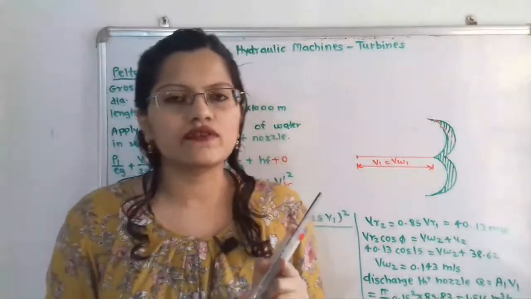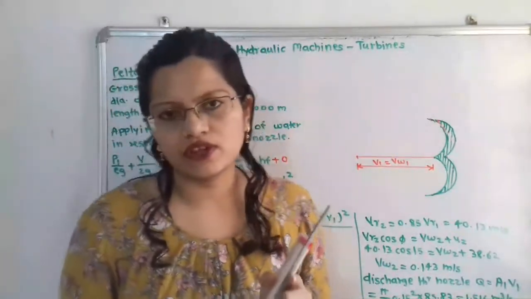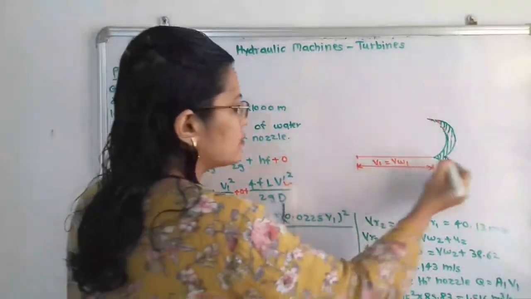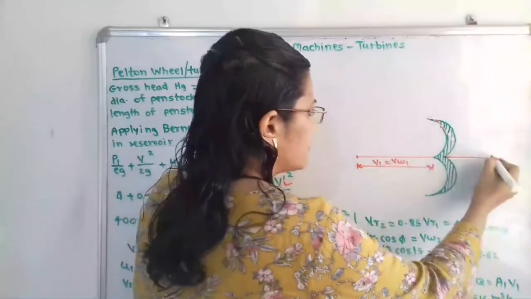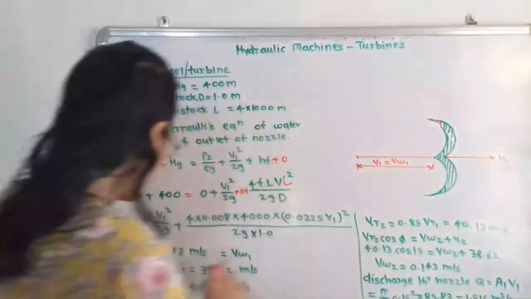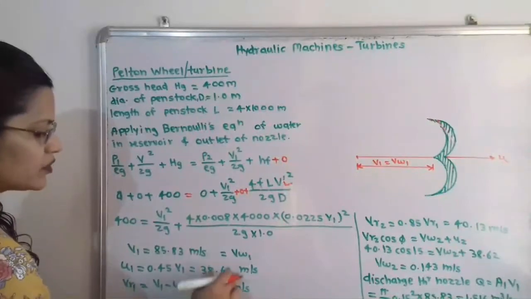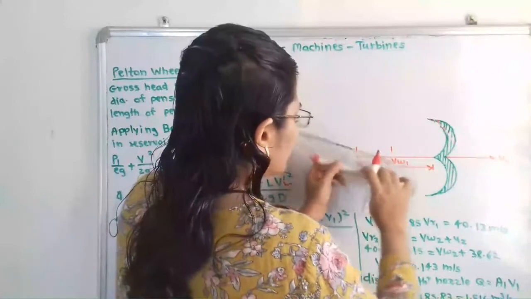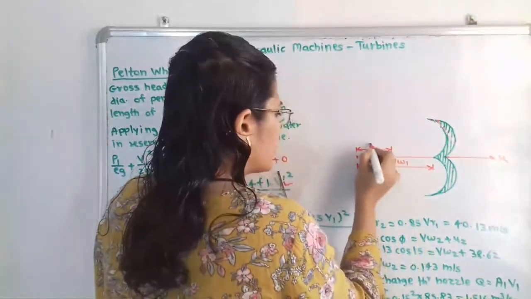That is the tangential velocity of the wheel, or we can say the speed of the bucket. U we have to show also in the horizontal direction. Here is the U, and U is 0.45 V1, that is 38.62 meter per second. I will plot U1 here, also in the horizontal direction.